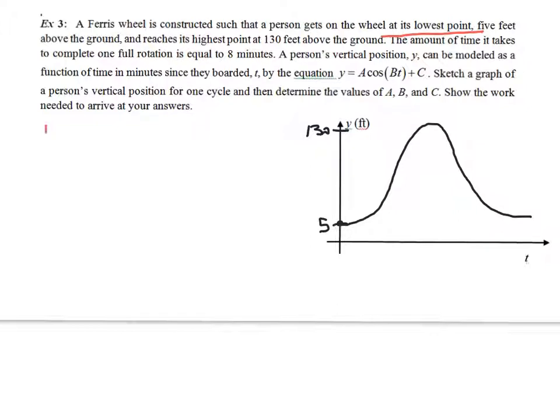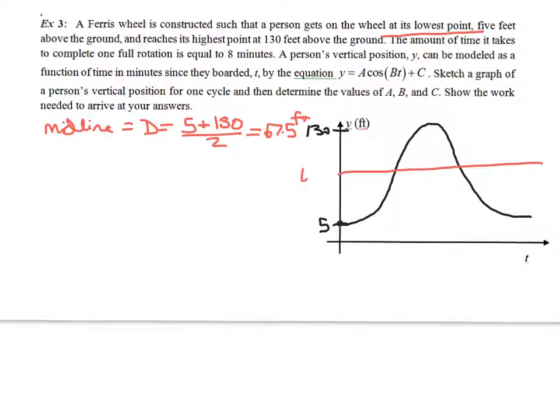So I'm going to say the midline is going to be equal to D. So I'm going to have to take my low point of 5, my high point of 130, and find the average. So when I do that, that's giving me 67.5 feet. So on my graph, I'm going to make the midline halfway between, and that's going to be 67.5.